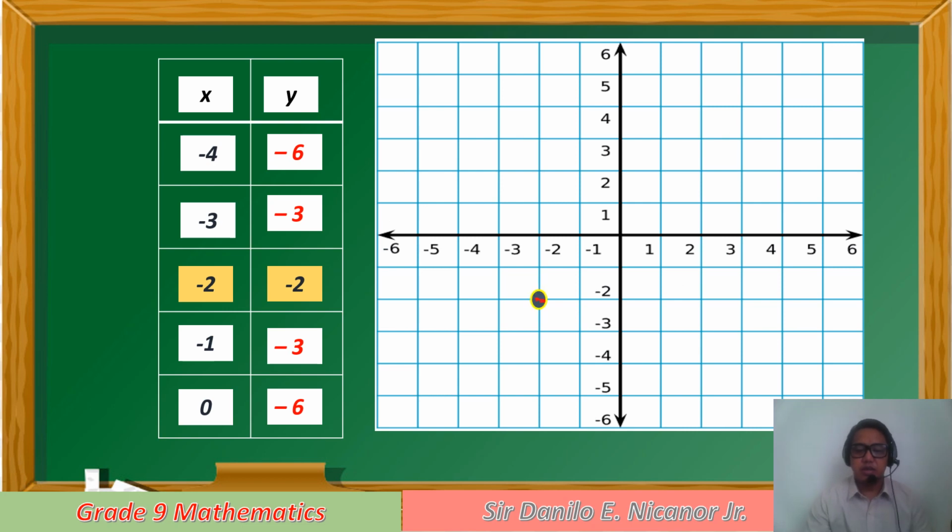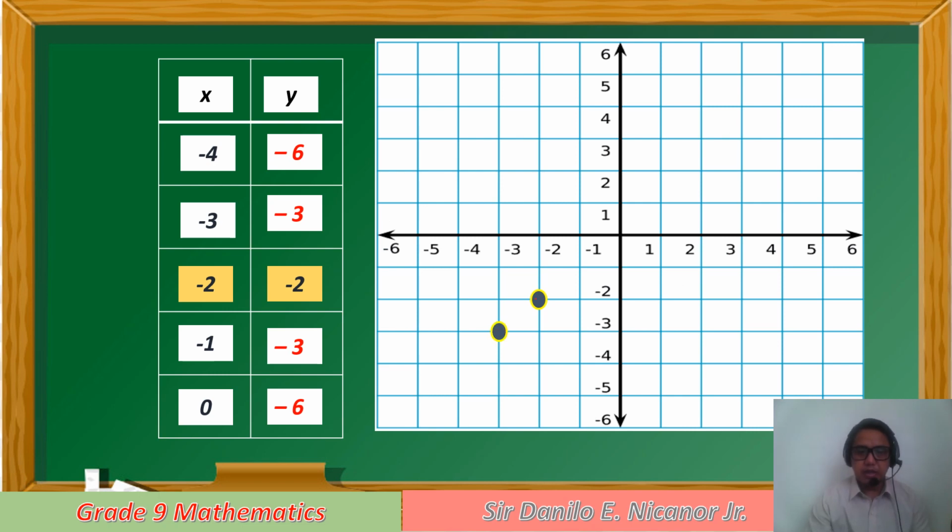Next is negative 4 and negative 6. From here, 4 units to the left and then 6 units downward.